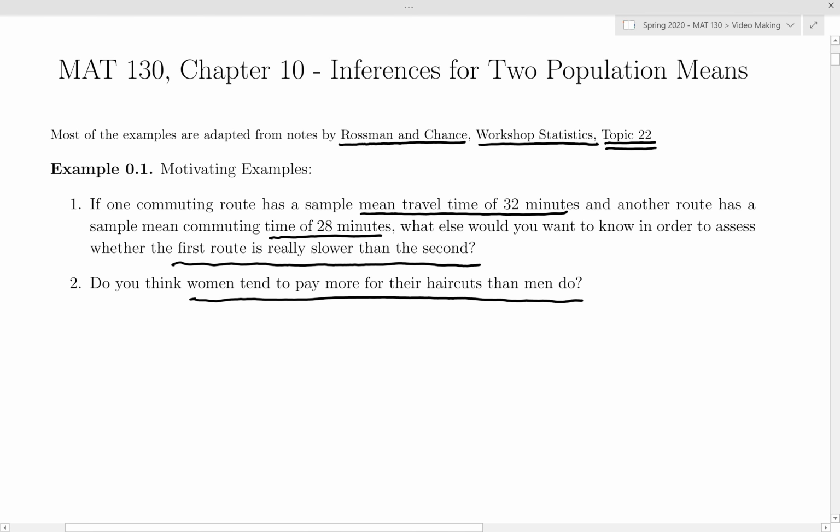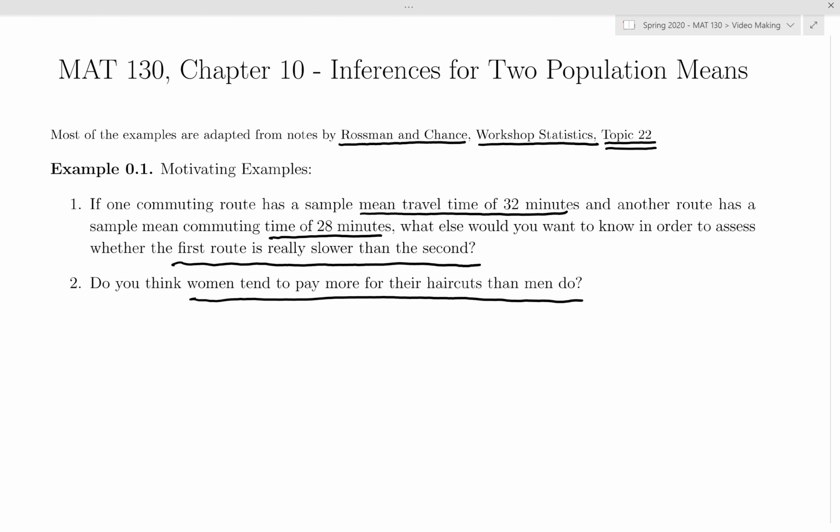The difference here is we are going to compare two different population parameters. In the first, we are comparing the travel time for route 1 versus route 2. In the second, we are comparing the amount of money women pay for haircuts as opposed to what men do.